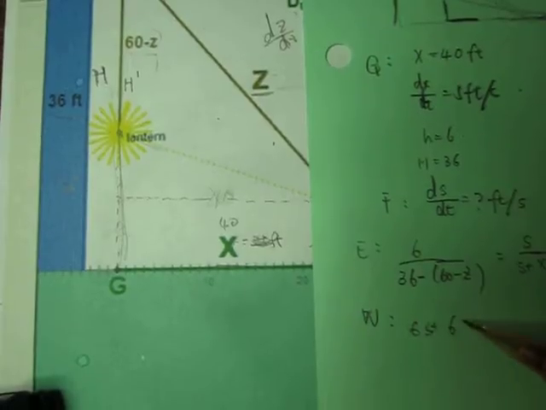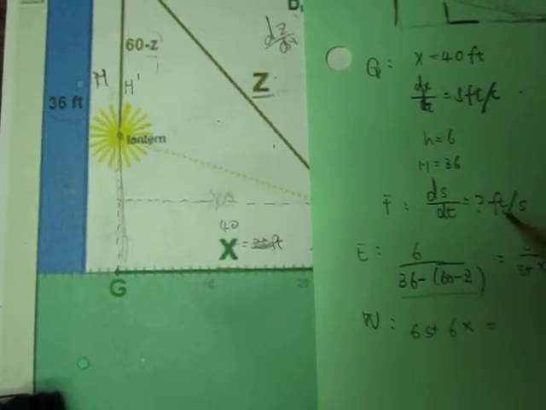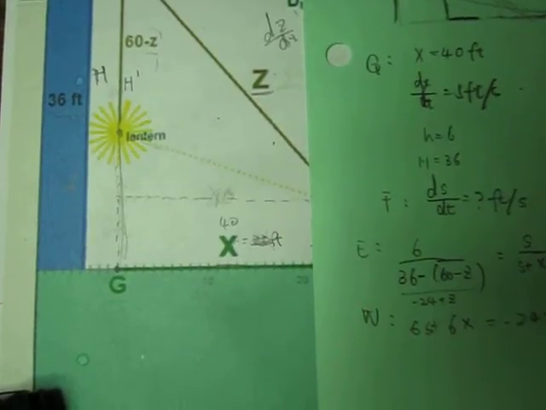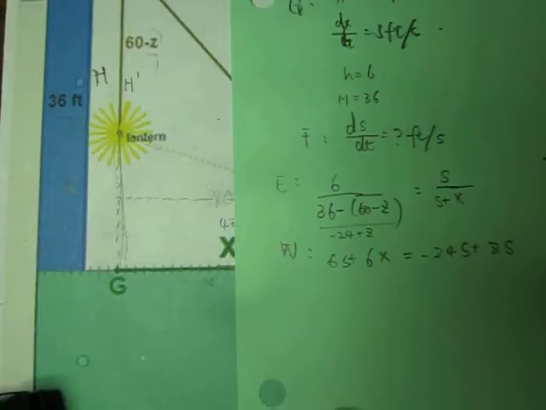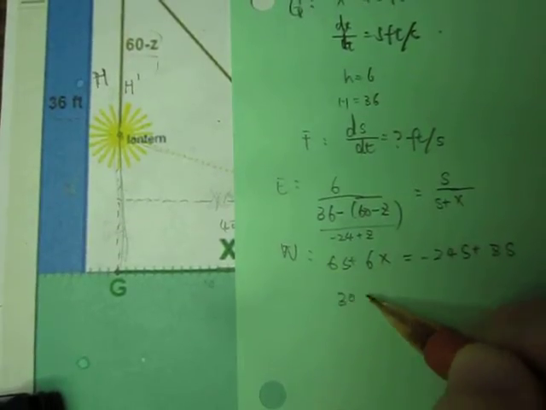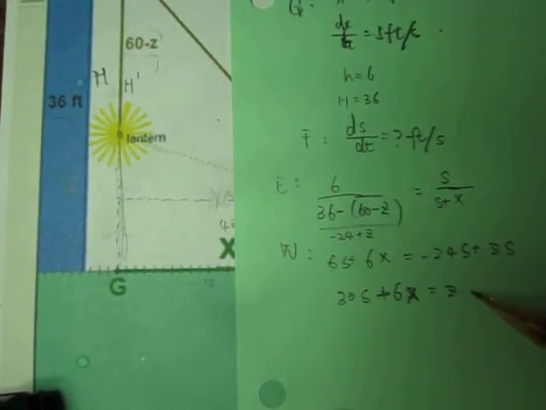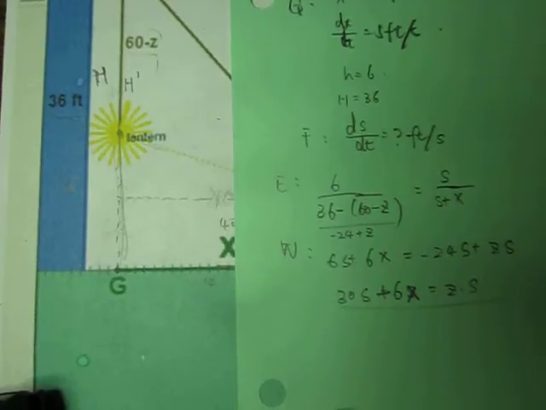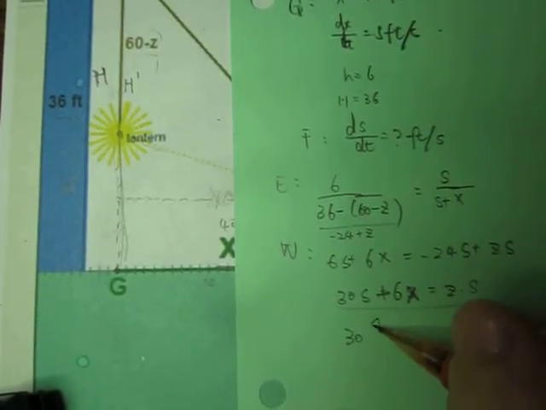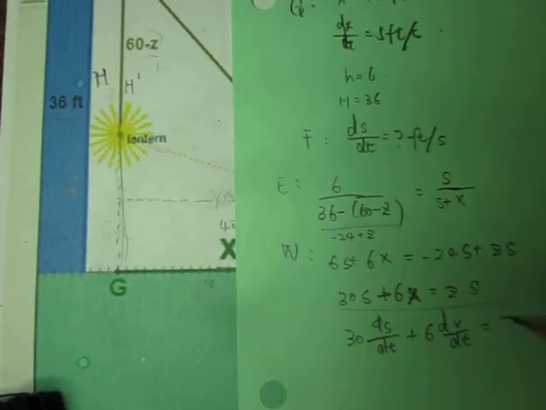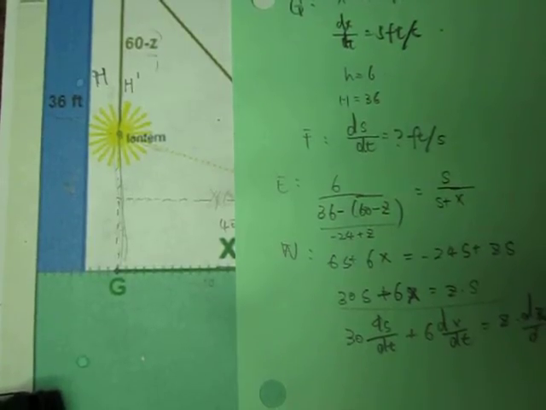So 6s plus 6x equals this one, negative 24s plus js, and after we simplify, this one is 30s plus 6x equals js. And we have to take the derivative: 30 ds/dt plus 6 dx/dt equals j ds/dt plus s dj/dt.